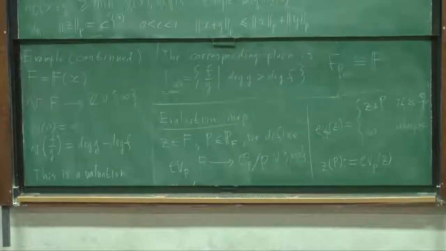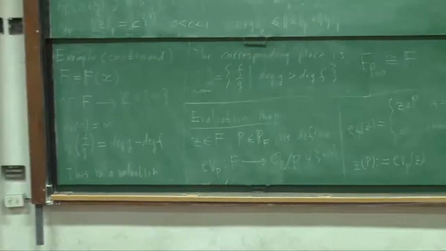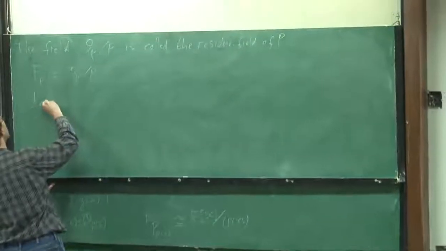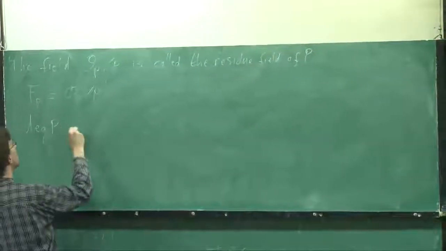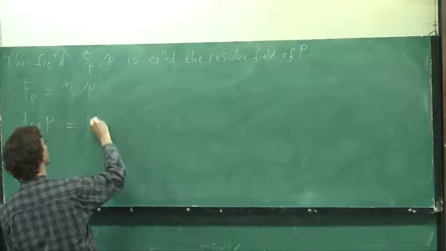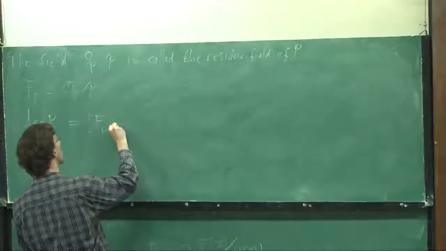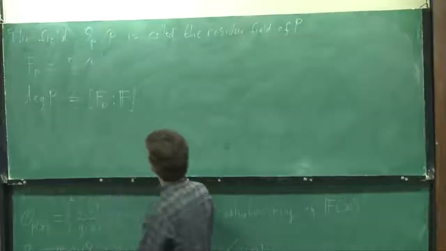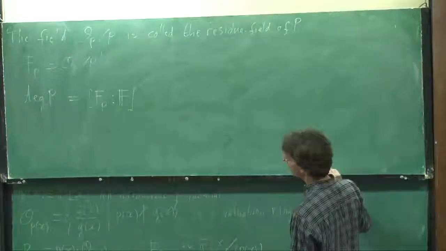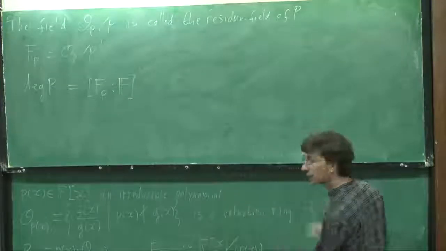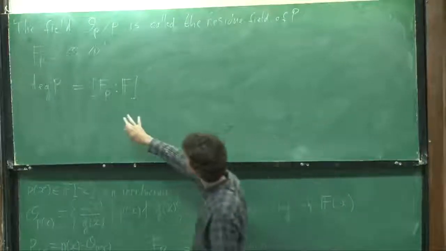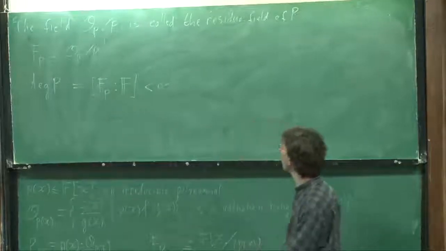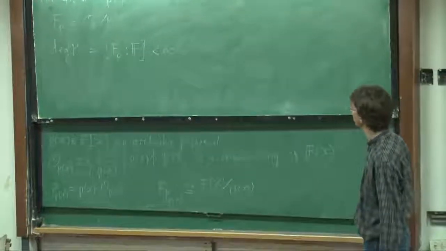So a way to see the distinction between those two kinds of behaviors is that we define the degree of a place to be the extension degree. Now, one may ask, in this particular example, this is always a finite number, but in fact, that's a lemma, it's always some finite number.